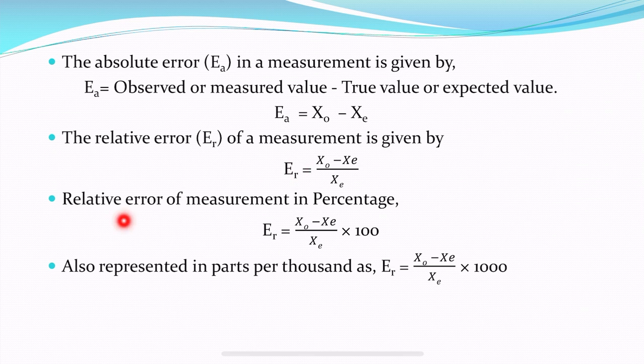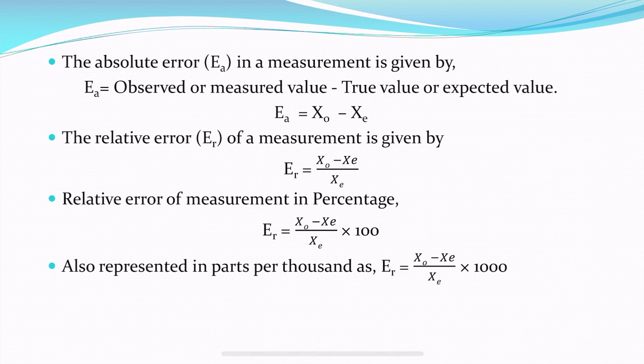In the same way, if you multiply the relative error by 100, this gives us the relative error of measurement in percentage. That is ER equals x naught minus XE divided by XE, into 100. It can also be represented in parts per thousand, for which we multiply it by 1000.